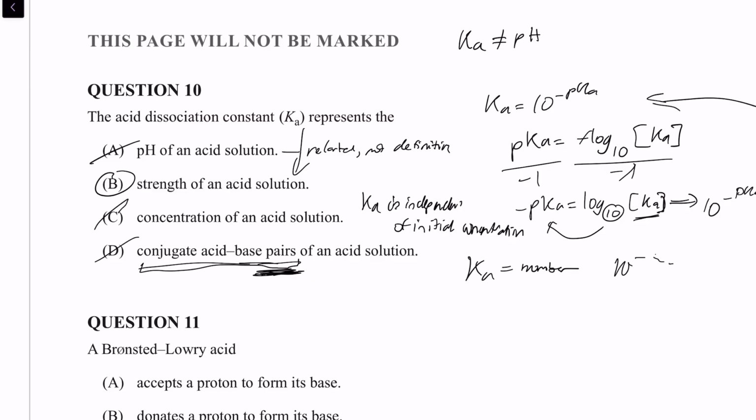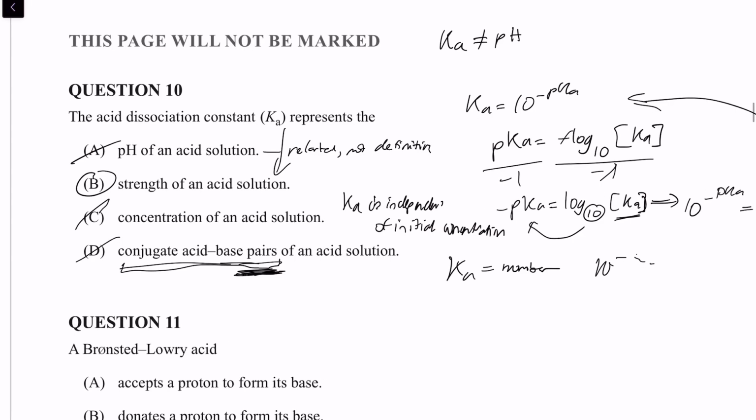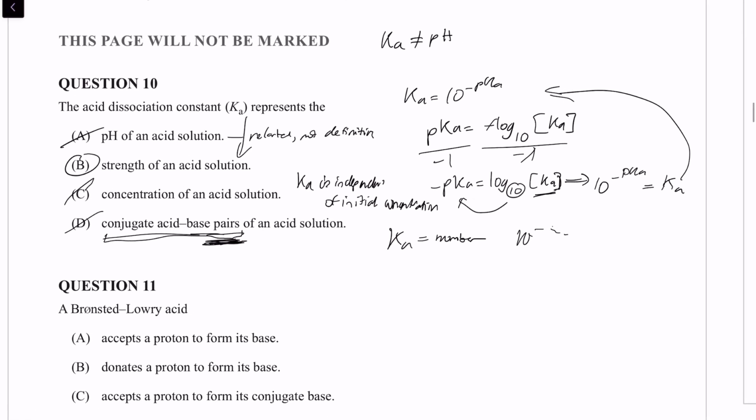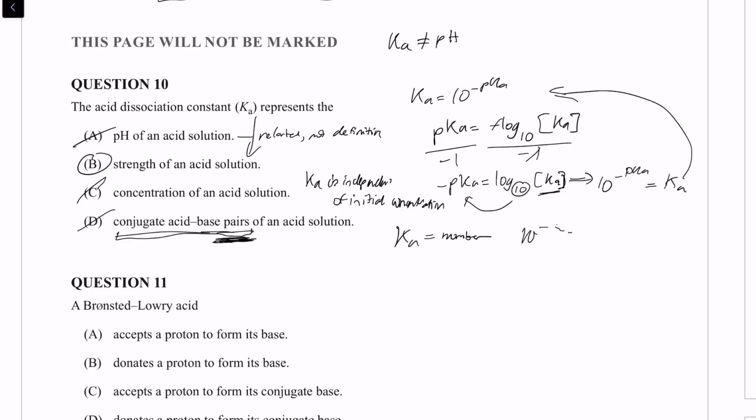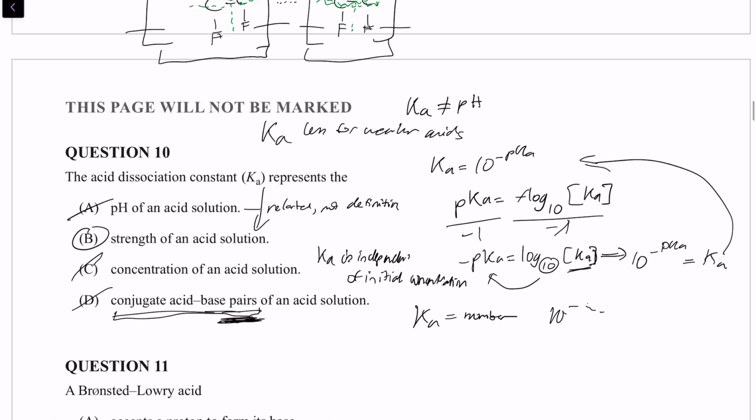Like Ka would be less for weaker acids, and Ka would be higher for stronger acids that dissociate more.